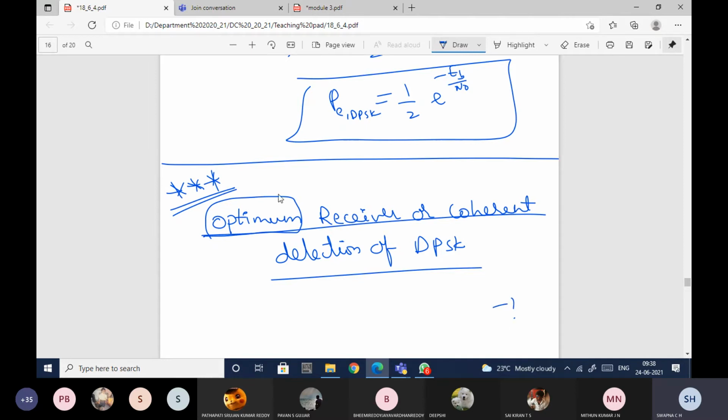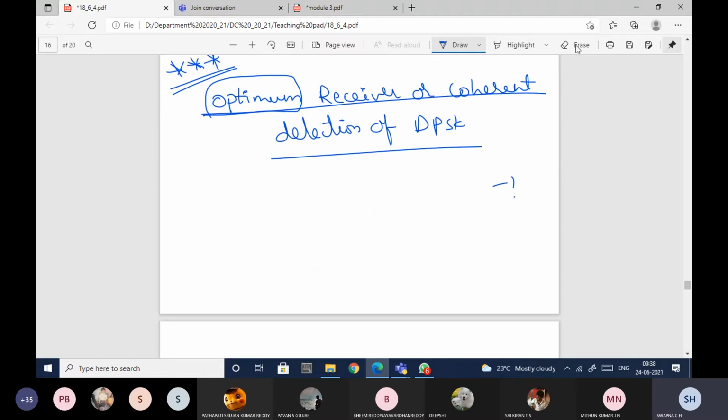The reason behind this is correlation receivers. If you are synchronizing the carrier and using it at the detector end, that will give you a more optimum output. More optimum in the sense that it is the best, nothing will be better than that. That is what optimum means. So here I'll give you the optimum receiver, which is nothing but coherent detection only.